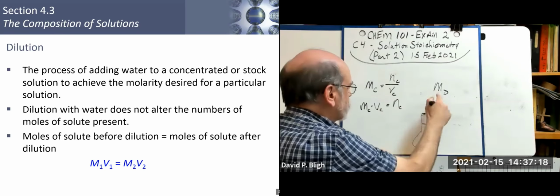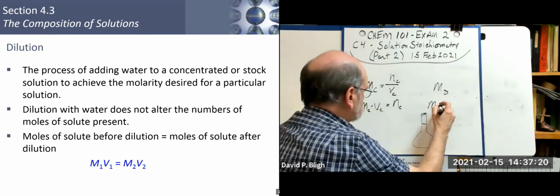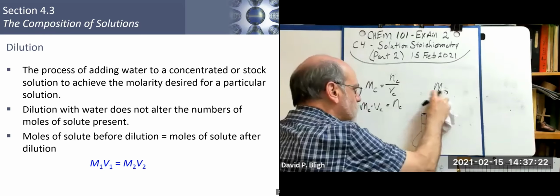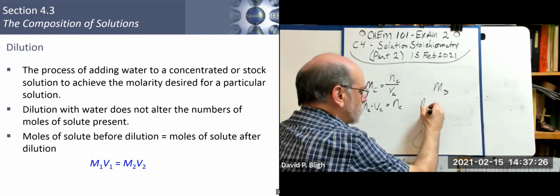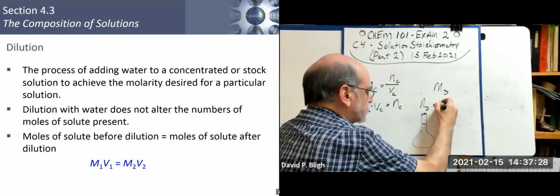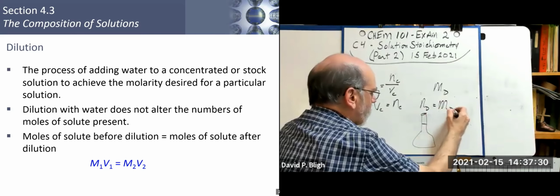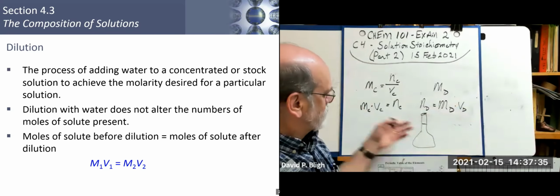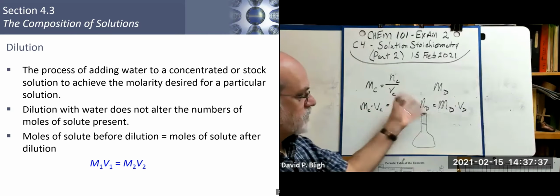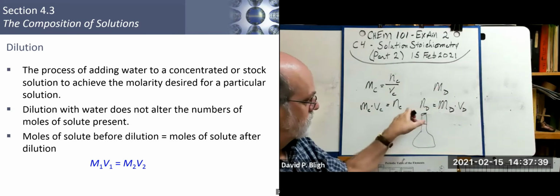So we can rewrite this one the same way. Let's do it this way. Like that. So it's a similar equation, only I just flipped it to put the moles on the inside.